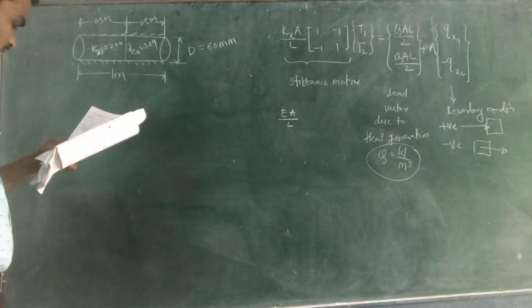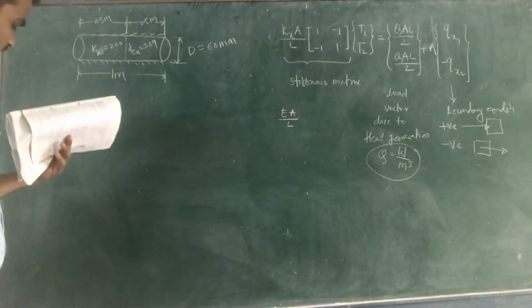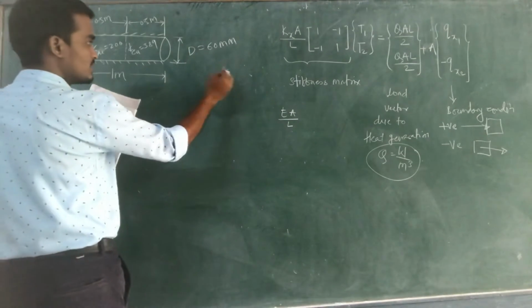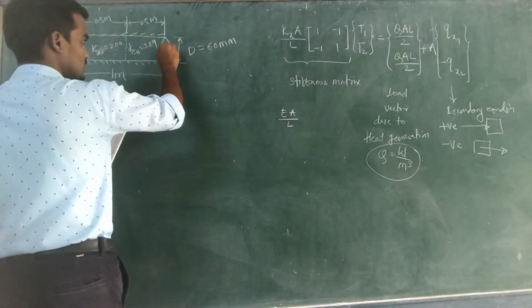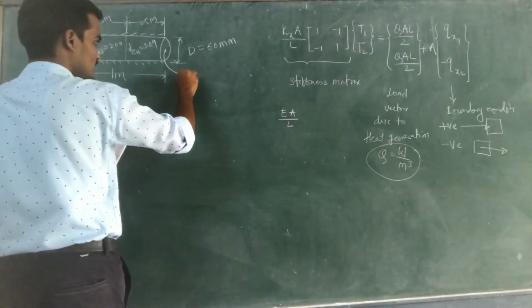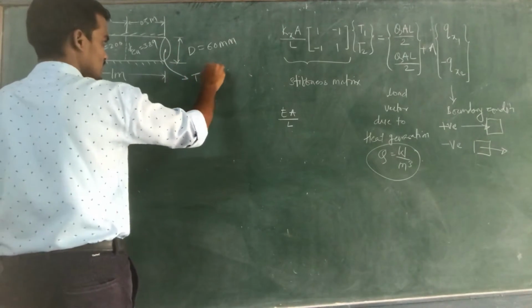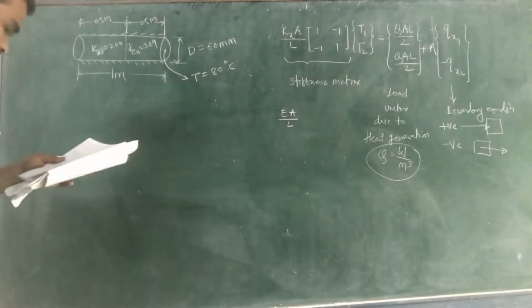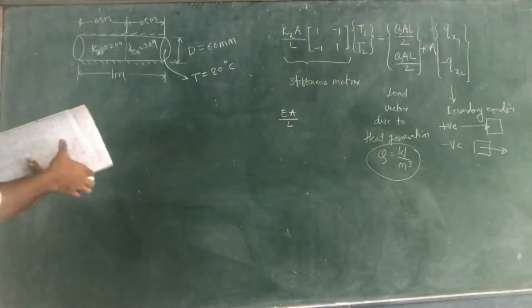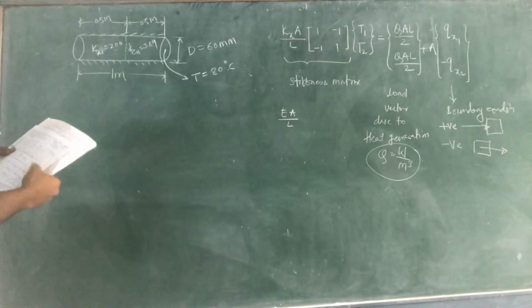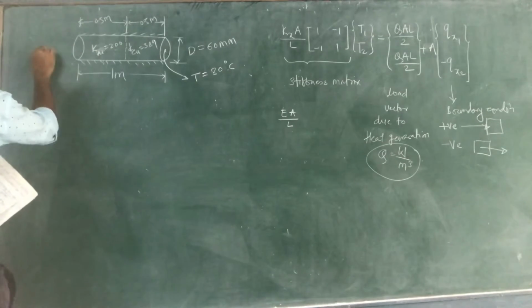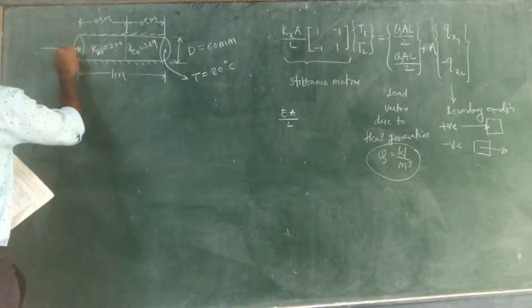The extreme right end of the cylinder is maintained at a temperature of 80 degrees Celsius, while the left end is subjected to a heat input rate of 4000 watt per meter square.